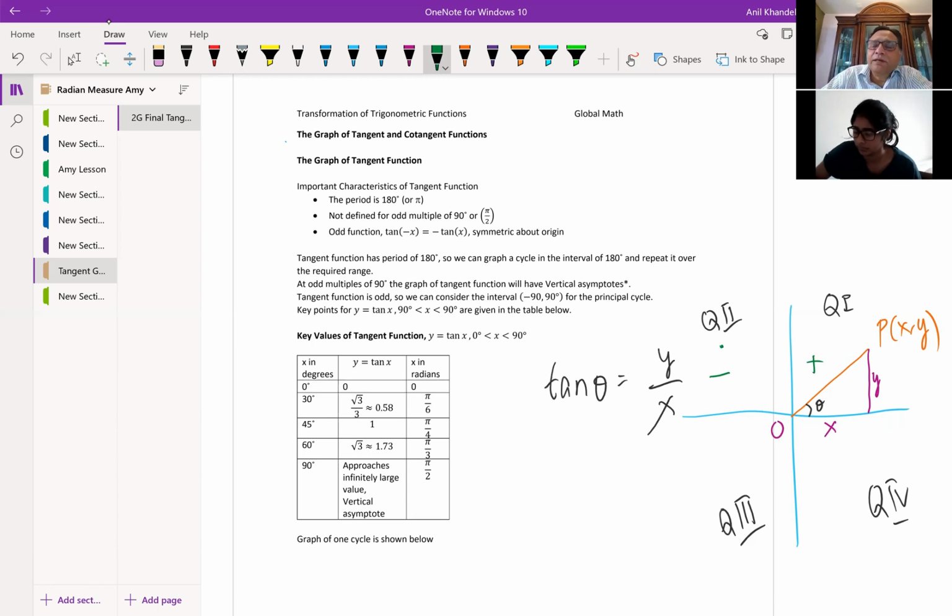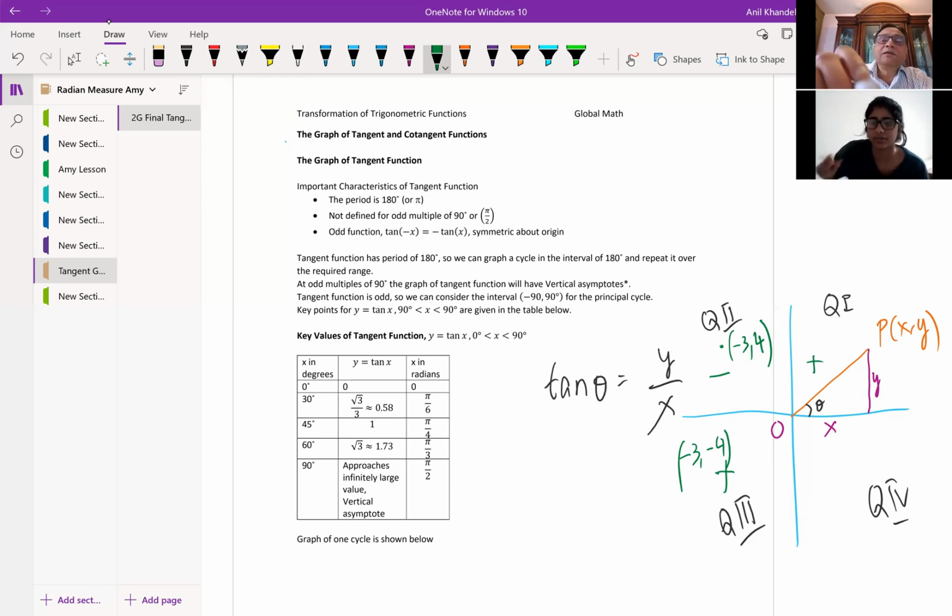If I take a point like (minus 3, 4), the ratio 4 over minus 3 is negative, and therefore tan is negative. But in quadrant 3, it will again be positive, because the point will be (minus 3, minus 4). When you do the ratio of minus 4 over minus 3, you get a positive number.